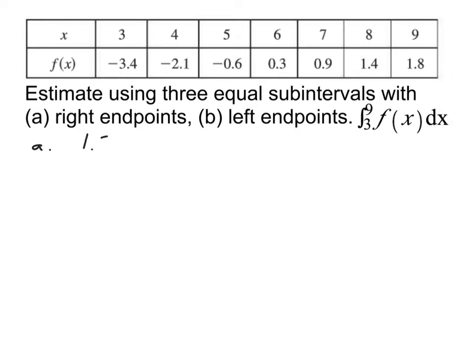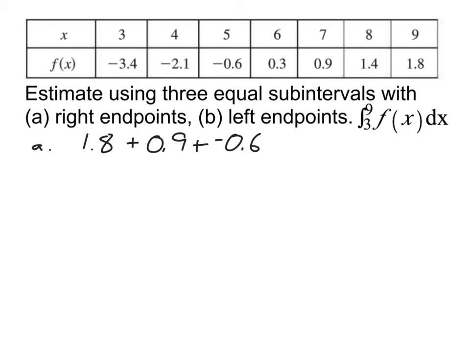So I'm going to do 1.8 plus, and remember, I'm only needing the odds because of how this breaks up. The next one's at the 7, so that's 0.9. And then my next rectangle has a right endpoint here at negative 0.6, so it's plus a negative 0.6. Of course, you could write minus 0.6 there.